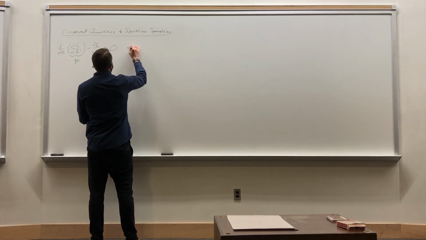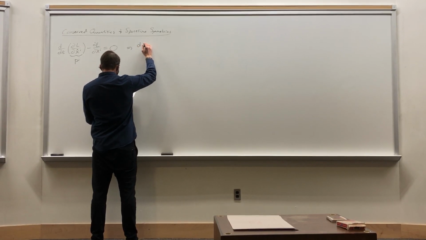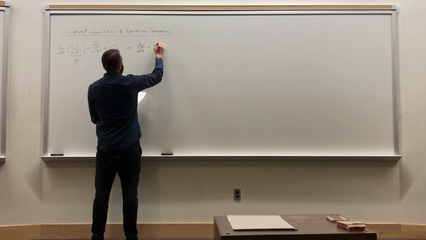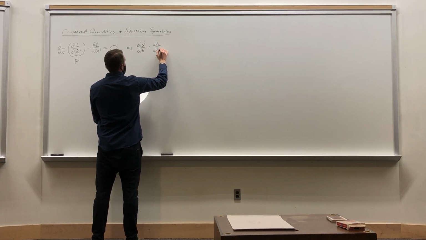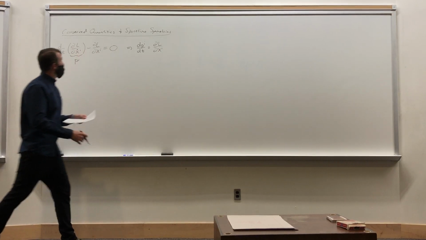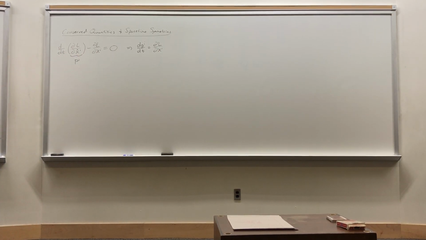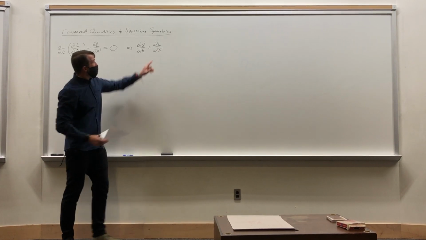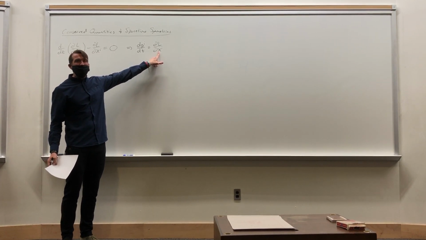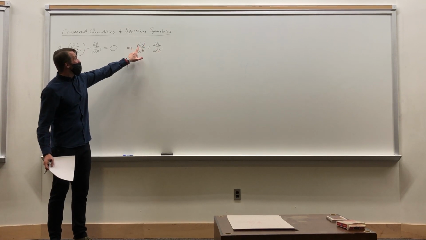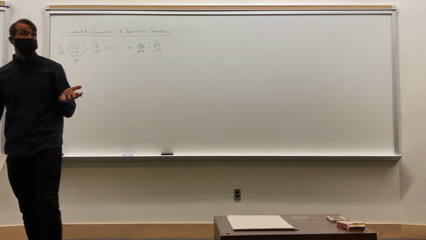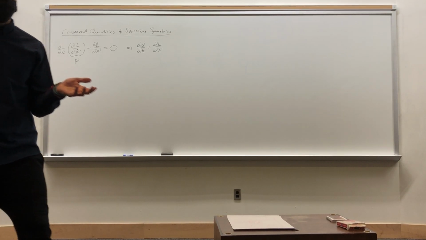What we find is that the derivative of the momentum with respect to time equals the partial derivative of the Lagrangian with respect to the coordinate xi. This tells us that if the Lagrangian does not explicitly depend on the coordinate xi, then the derivative of the momentum in that direction is 0, which means the momentum is conserved.